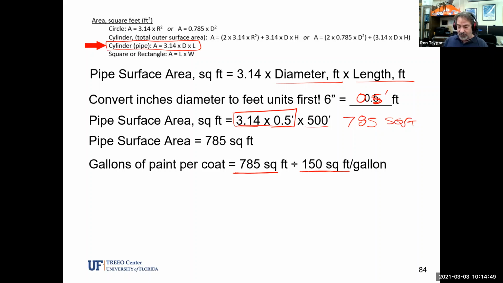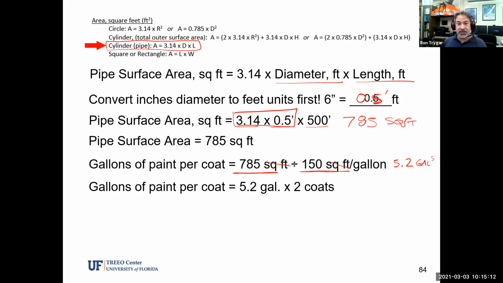So 785 total square feet, divide that by 150 square feet each gallon. So when I do the division here, I got 5.2, and that is gallons. Remember, square feet cancel out, and we're left with gallons. So I came up with 5.2 gallons per one coat for that pipe.